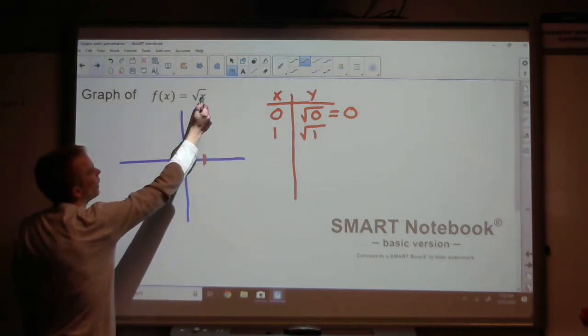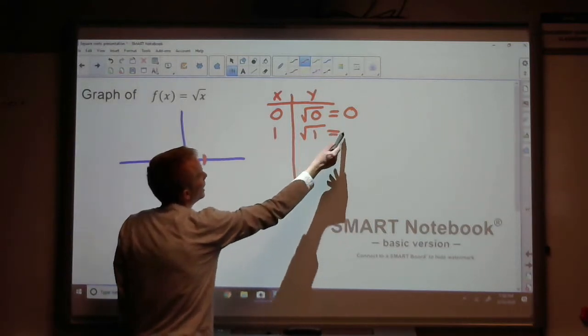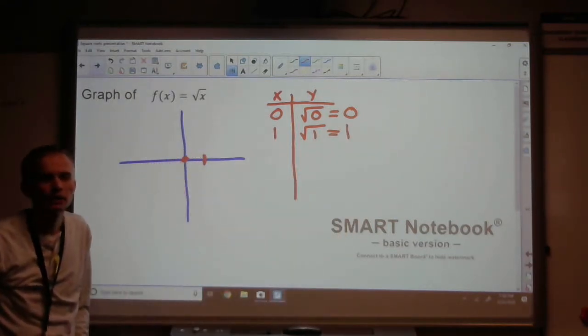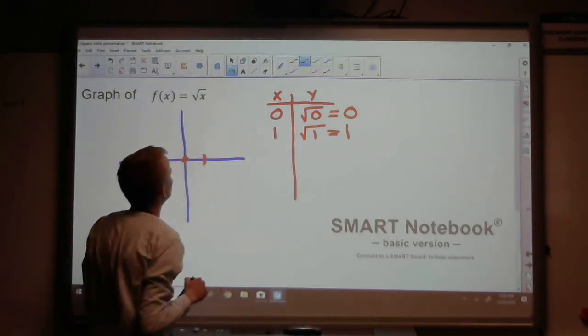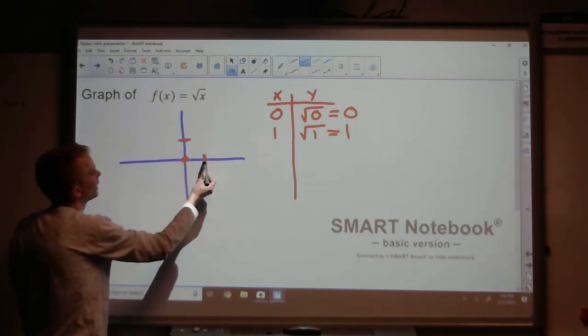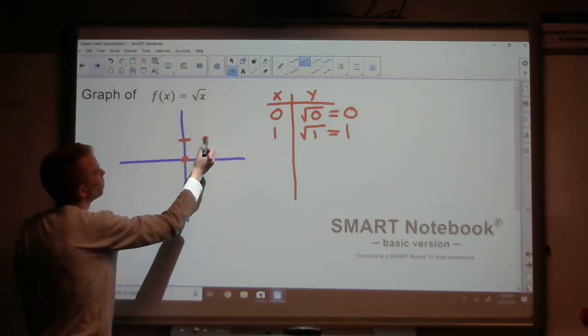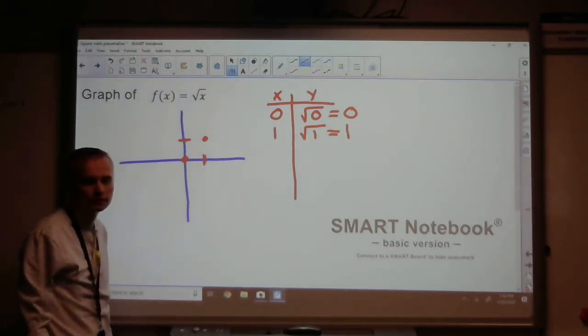So I get the square root of 1, which is 1, right? 1 squared is 1, so the square root of 1 is 1, okay? So when I plug in 1, I get 1 out. Okay, so I'm at the point 1, 1. Okay?